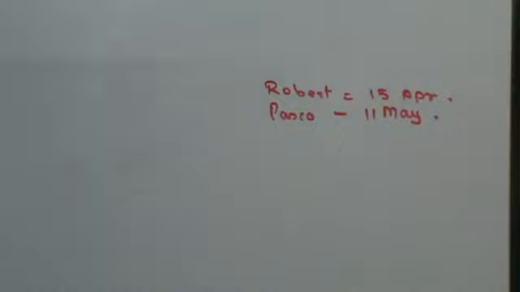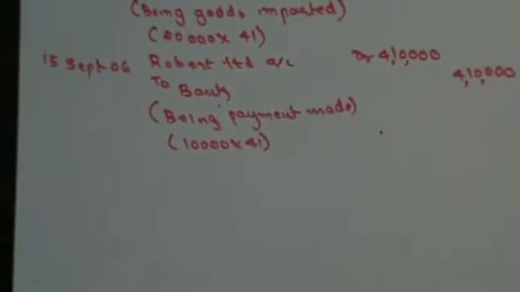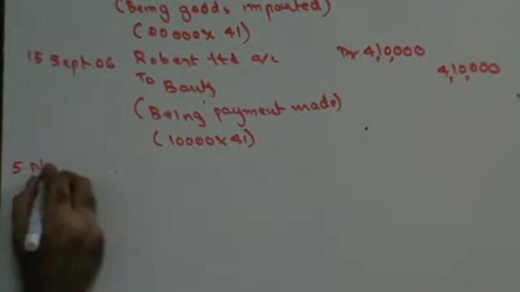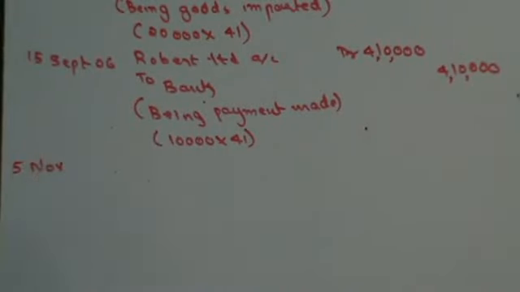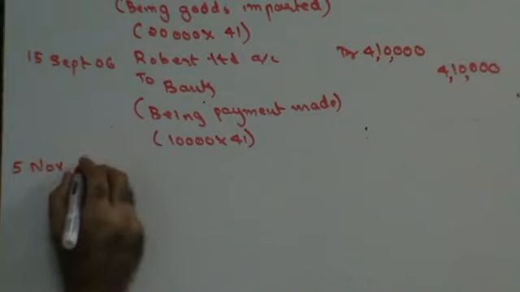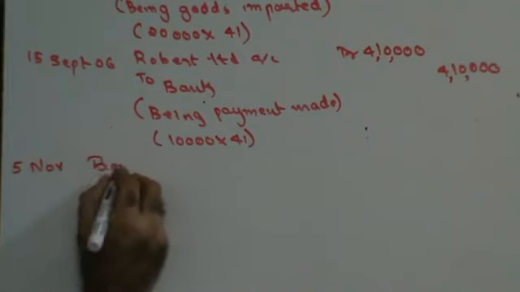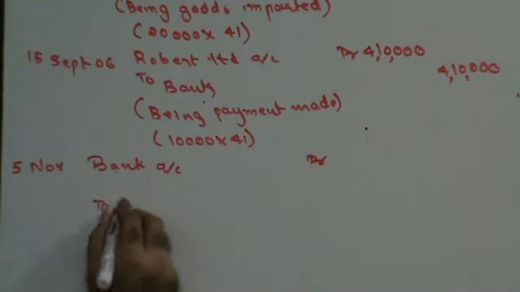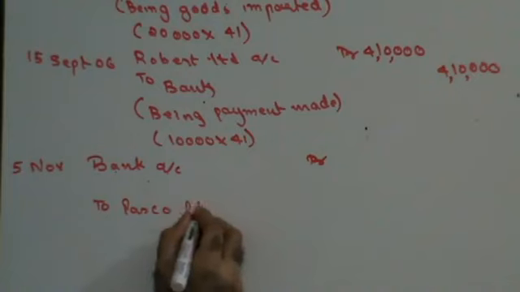Raw materials were imported on 31st October. Now before 31st October, you're going to have 5th November, the date on which you're going to receive payment from Pasco. You're going to receive payment from Pasco. Money is coming in. Bank account debit, leave a line, to Pasco Limited.